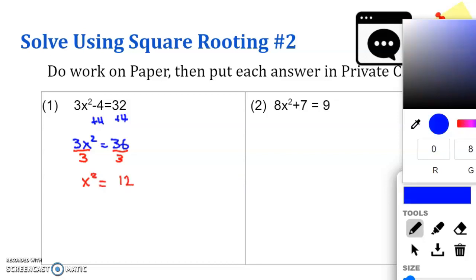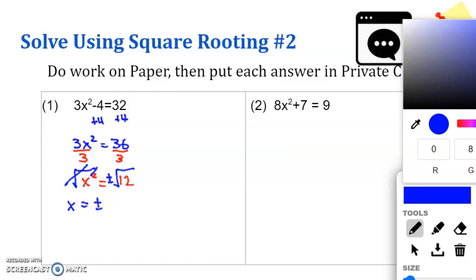Now I am going to take the square root of both sides. When I do that, because I'm taking a square root of a variable, I add plus and minus onto the other side, and again the square root and square cancel each other out, and you're left with x is equal to plus or minus square root of 12.